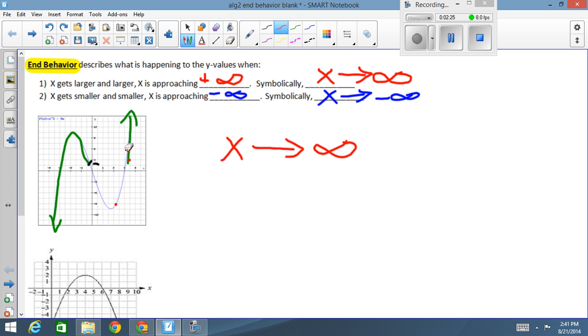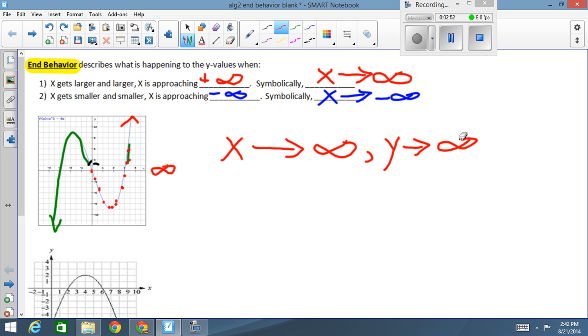I don't know why that's erasing as I'm going up. But here's my function. I'm moving toward infinity. Infinity is over here. As I move this way, I'm approaching positive infinity. So as x approaches positive infinity, my y values are also approaching infinity.